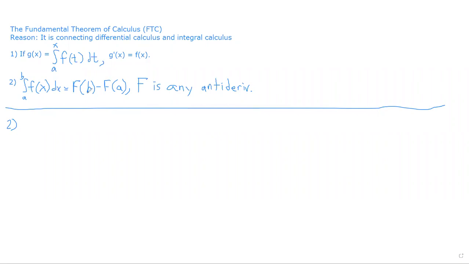Okay, so this time, this is not your typical integral question, but let's say you have the integral from 1 to 2 of f prime x dx. And let's say this is equal to 2 times the integral from 3 to 5 of f prime x dx.